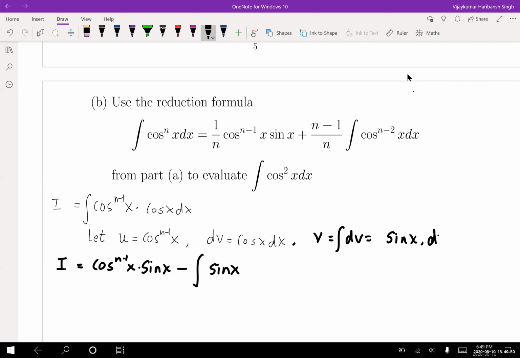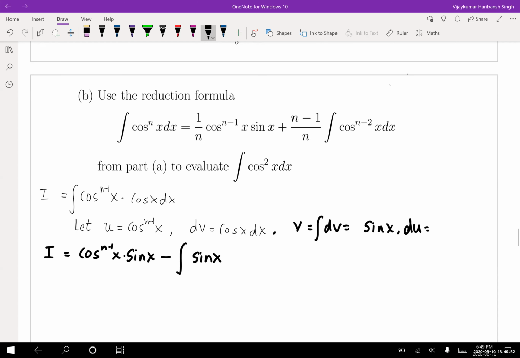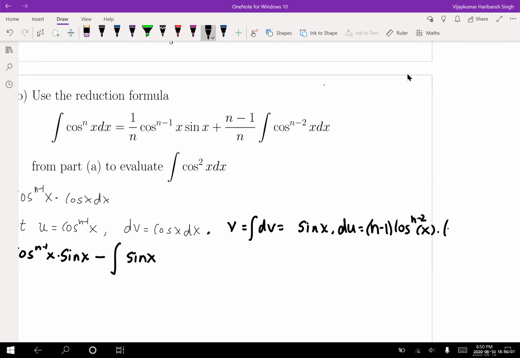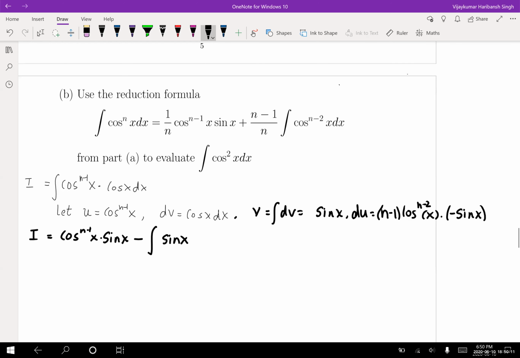Now what is du? So du is going to be, what is derivative of cosine? First of all, we'll apply the chain rule. So something to the power n minus 1 gives n minus 1 times cos to the power n minus 2 x multiplied by derivative of cos x, which is minus sine x. So let's put this here. So we get n minus 1 cos to the power n minus 2 x times minus sine x dx.